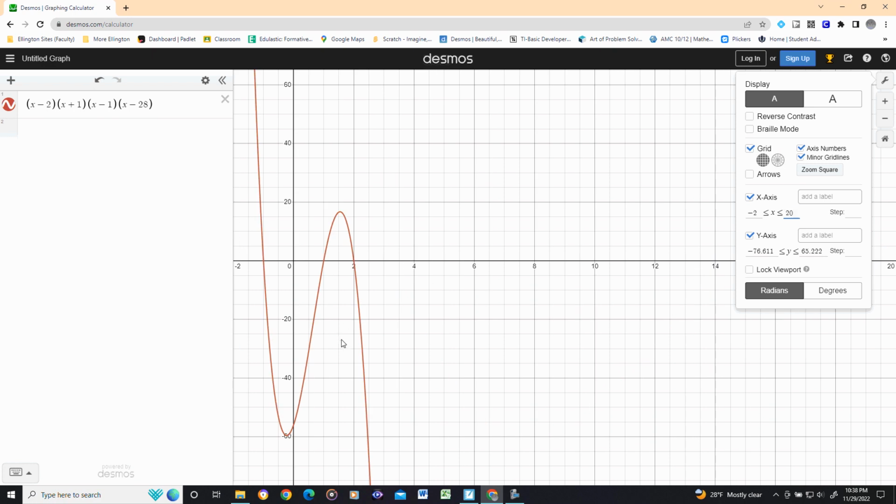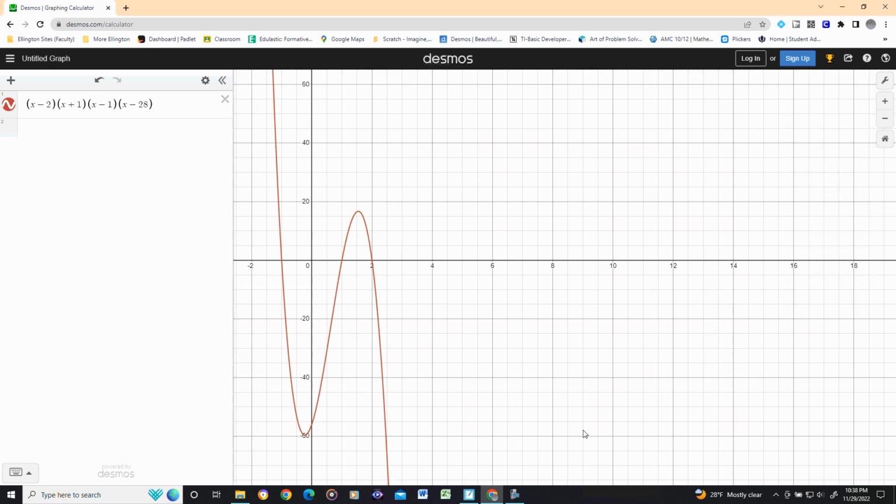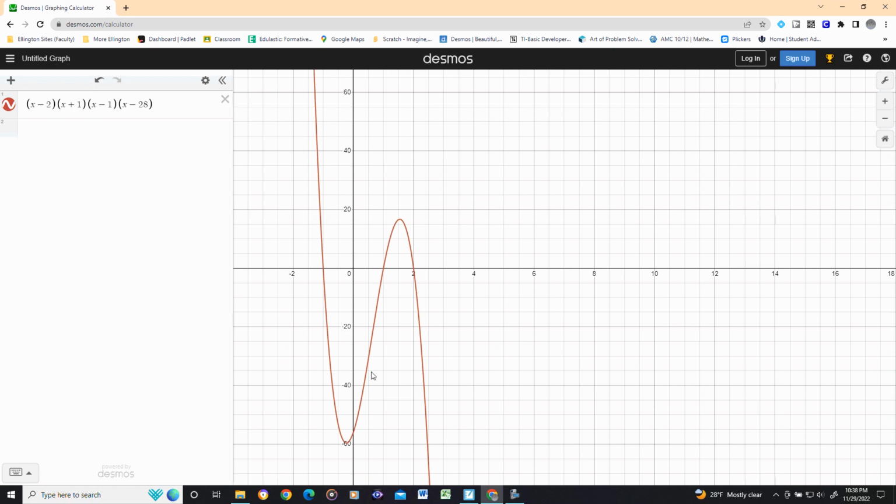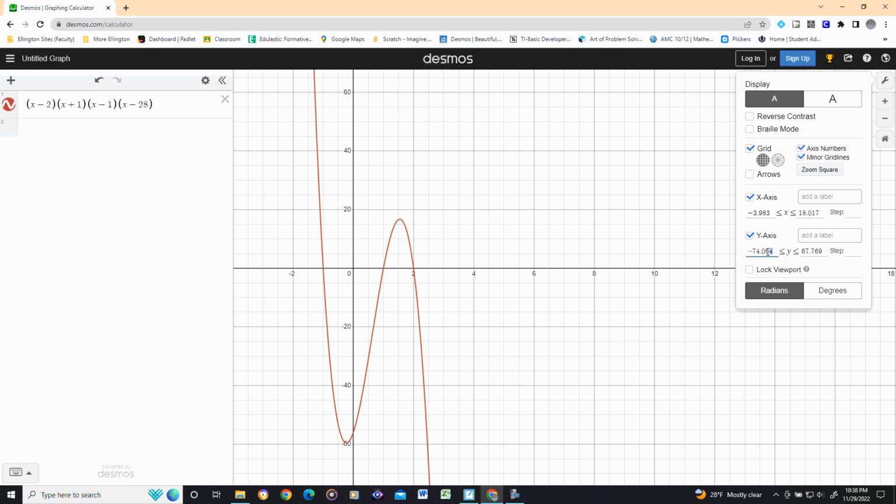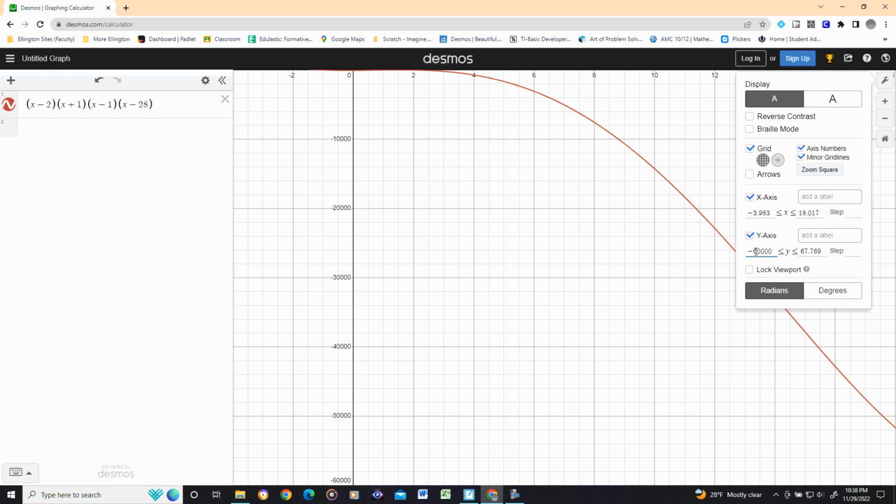Oh, look at that. And yeah, you've got that nice little shape there. But then I'm going to do my y-axis from -60,000. Wow. All the way to 20.